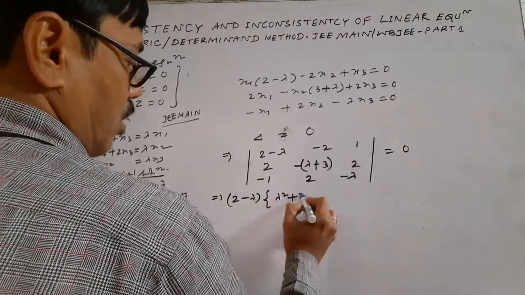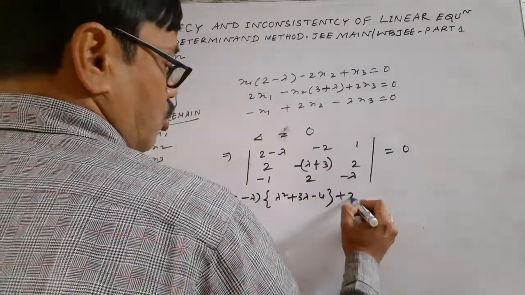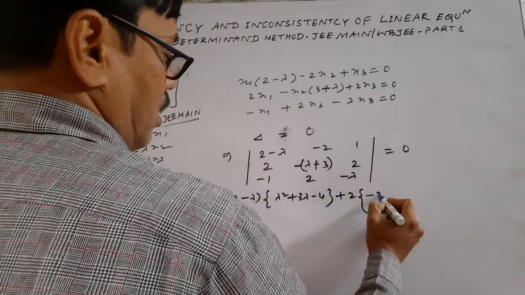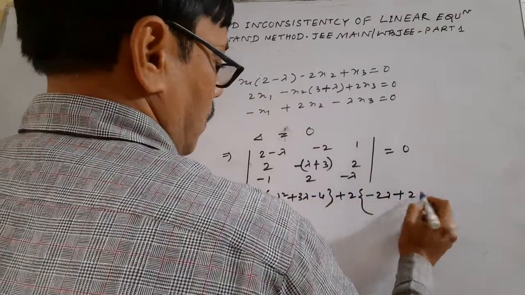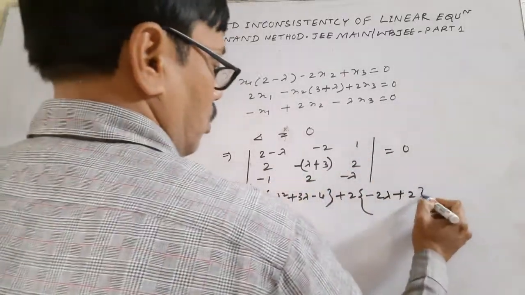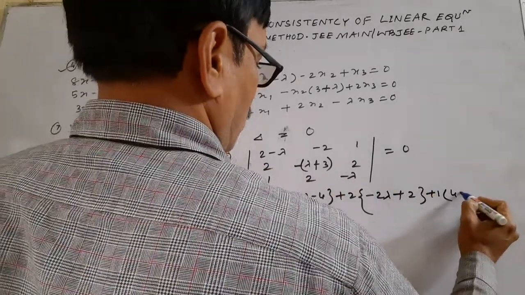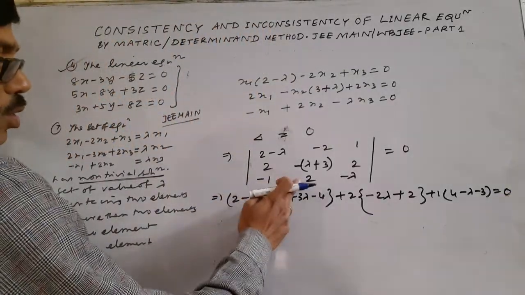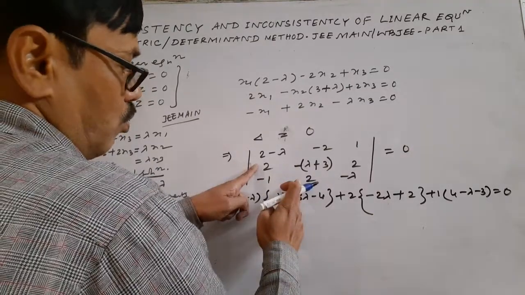So lambda square plus 3 lambda minus 4, plus 2 into minus 2 lambda plus 2, minus 2 lambda plus 2, 1 into 4 minus lambda minus 3 equals to 0. 4 minus lambda, so this is 2 into 2, 4.